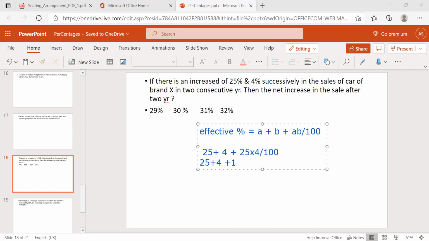So it's nothing but 30% increase at the end of the second year. This is the answer here. So don't add these 2 percentages directly. We cannot get the right answer if you are adding like this.